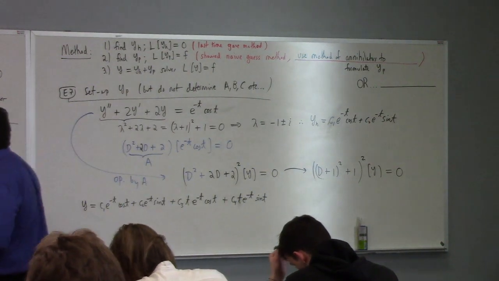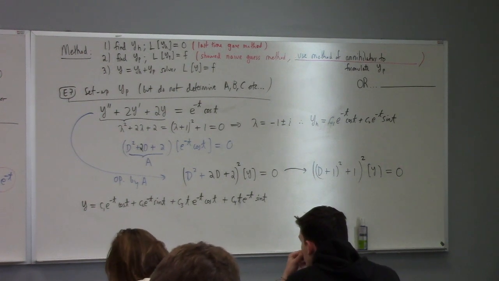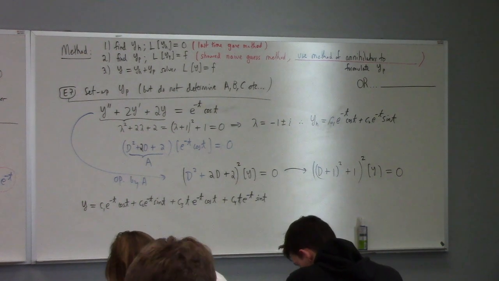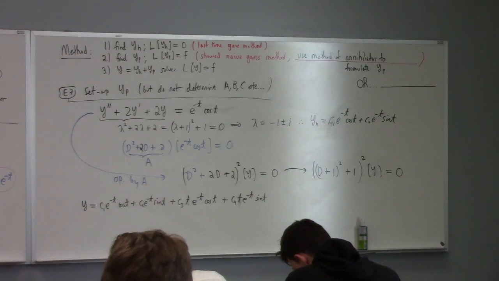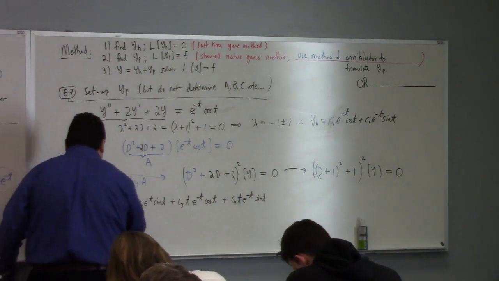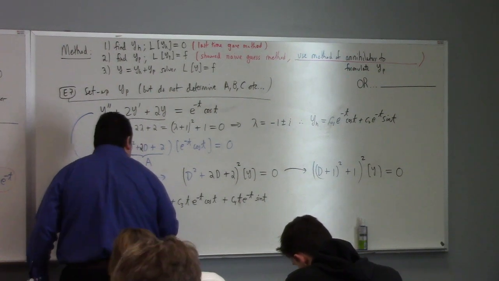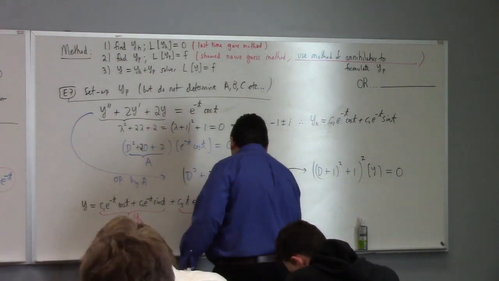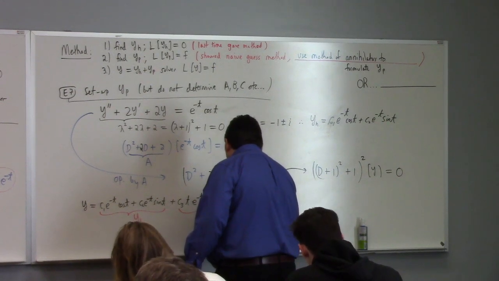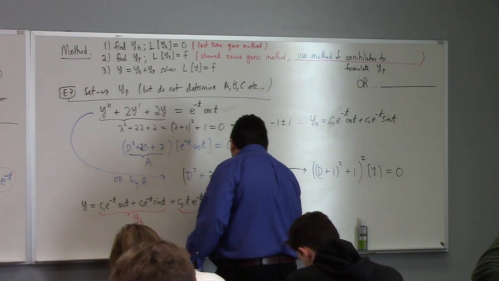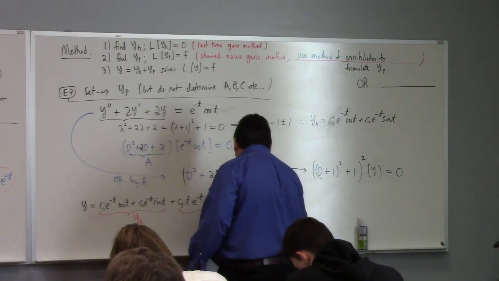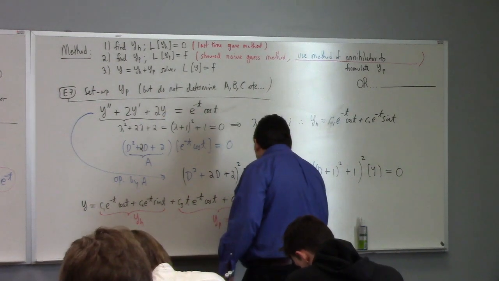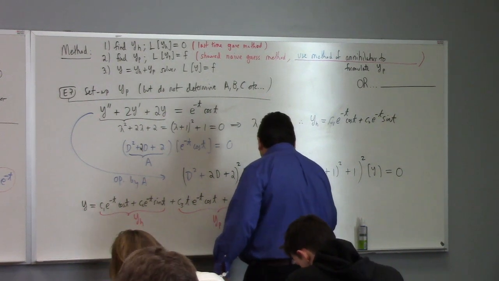The first part of that is the homogeneous solution, and the rest turns out to be the correct form for yp. Yp, we're going to do like a t e to the minus t cos t plus b t e to the minus t sine t.